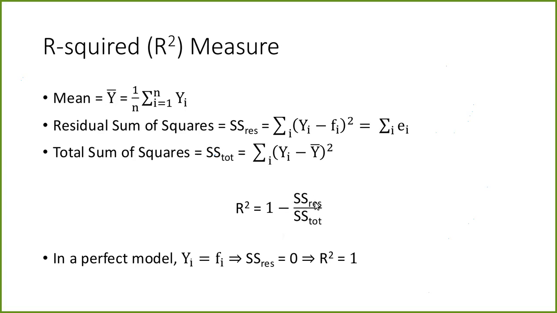When this goes to 0, R square would be 1, right? 0 divided by anything is 0. 1 minus 0 is 1. So this R square would be 1 for the perfect model. This R square would go to 1, right? But in practical cases, this would not be the case. It could be less than 1, right?